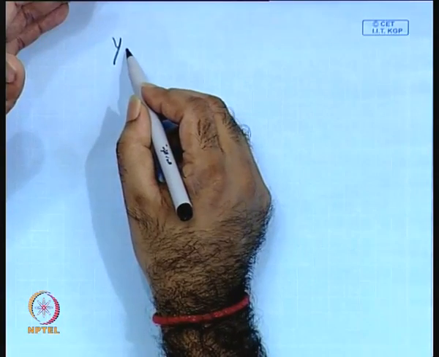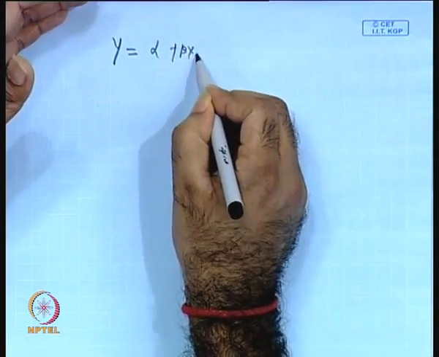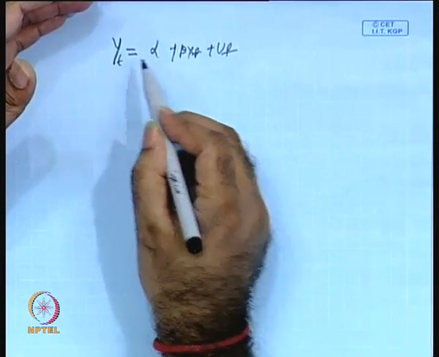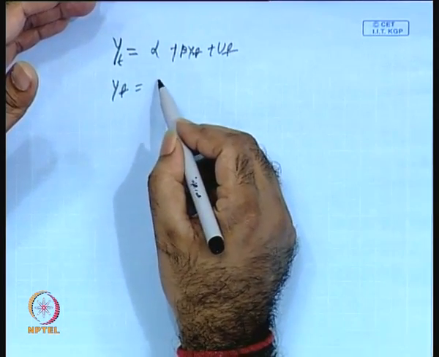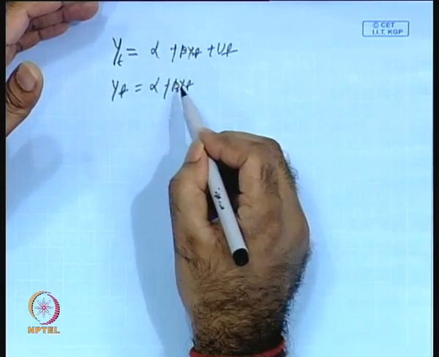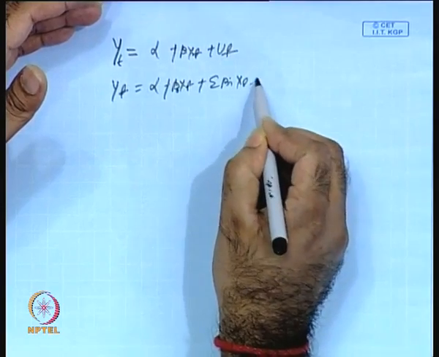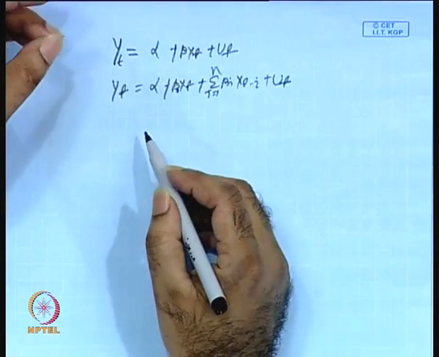In the case of univariate time series modeling, we put alpha plus beta x t plus u t. Then y t equals alpha plus beta 0 x t plus summation beta i x t minus i, i equal to 1 to n, plus u t. This is another form of the model.